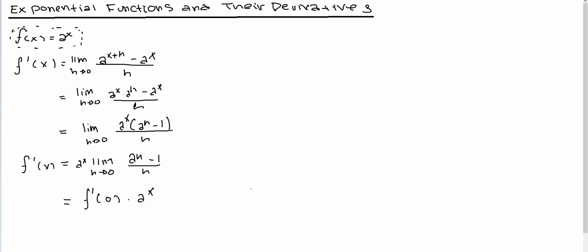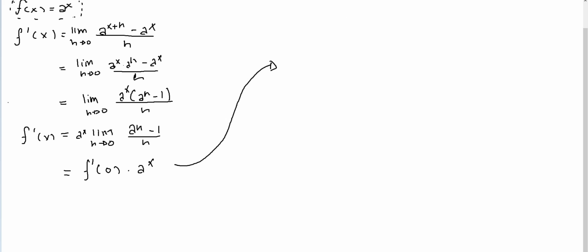Now, what this would look like if we were to have e, the natural base, we'd say that f(x) is equal to e^x. And now the derivative of that is actually going to equal e^x.